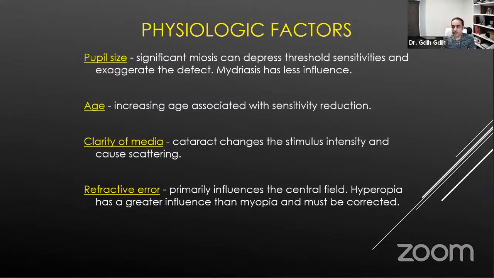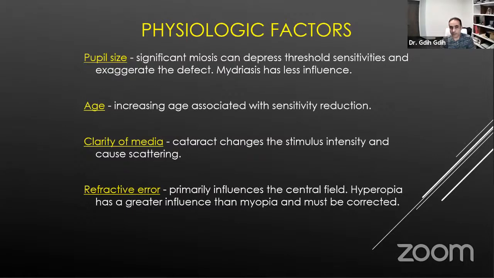Now, before we go into talking about the visual field, we need to know what the factors are that can affect our results. If you know the factors, then you can always go back and check whether they have been taken into account. So for example, the pupil size: significant miosis can affect the visual field results, as well as mydriasis.